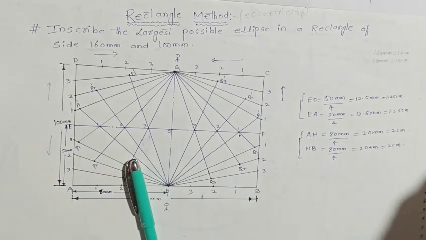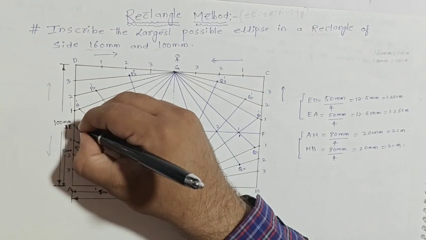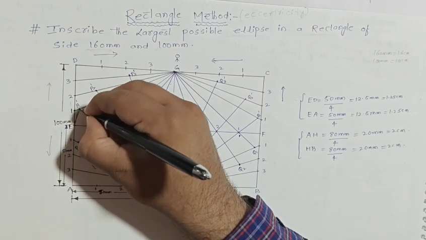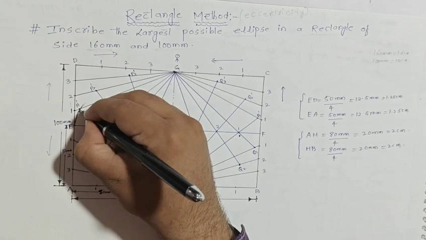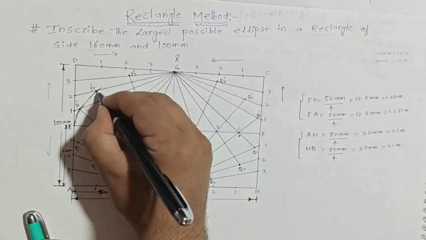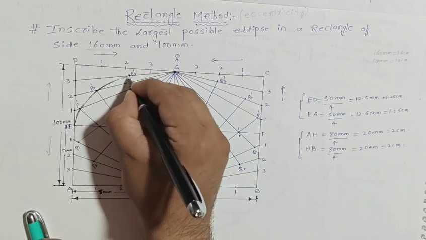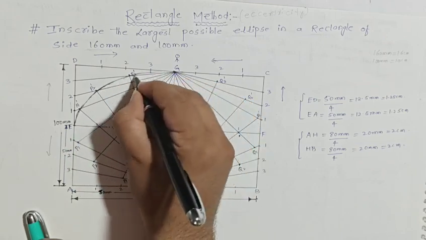Just you need to pass a line from E points, from E to P1 dash, again from P1 to P2 dash with the help of French curve, or you can use freehand also. Is it right? P2 dash to P3 dash and P3 dash to G point.